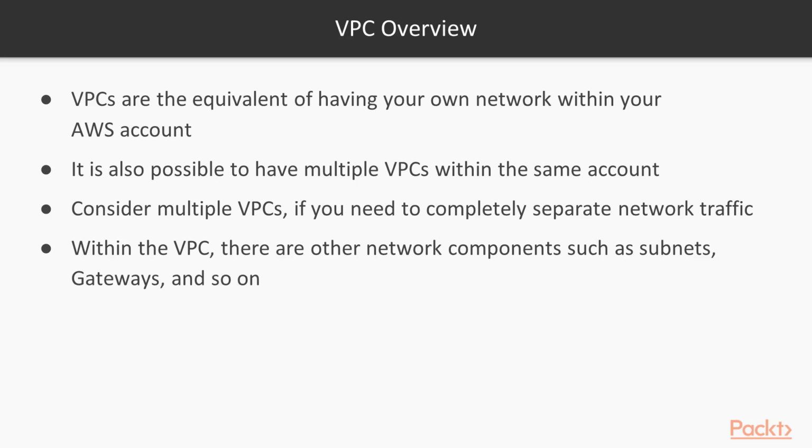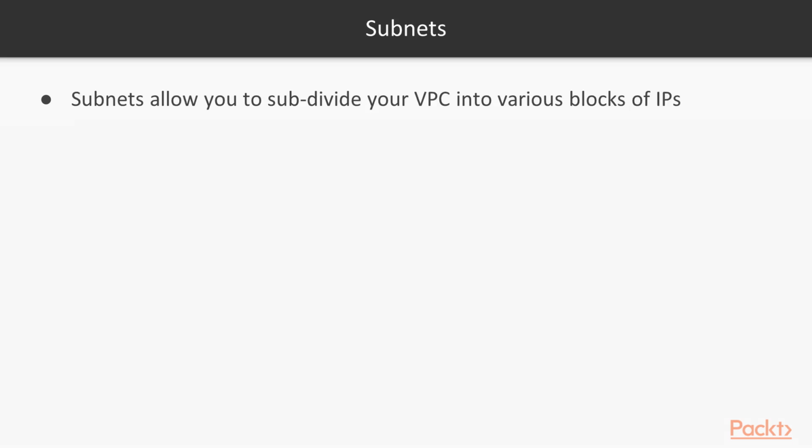Within the VPC, there are multiple network components such as subnets, gateways, route tables, and other utilities that you can use. In this video, we will focus mainly on VPCs and subnets. A VPC can have a very large range of IPs within it.